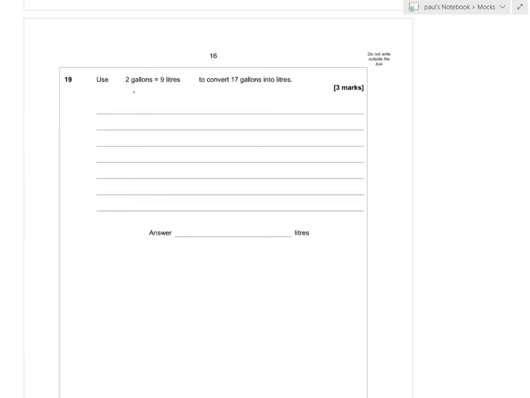Right, use 2 gallons equals 9 litres. Convert 17 gallons into litres. So 2 gallons is 9 litres. We do 17 divided by 2 and we'll find out how many lots of 2 gallons there are. That is 8.5.